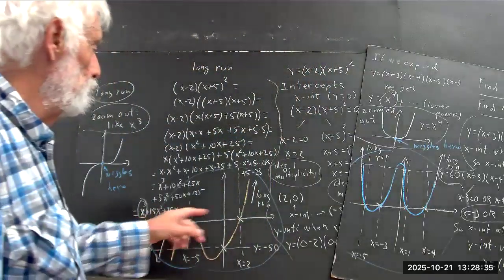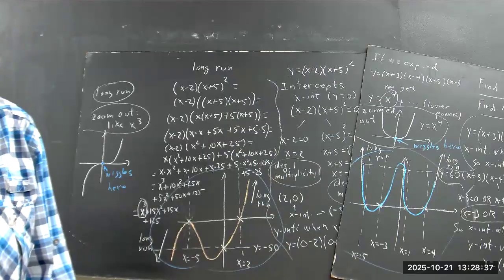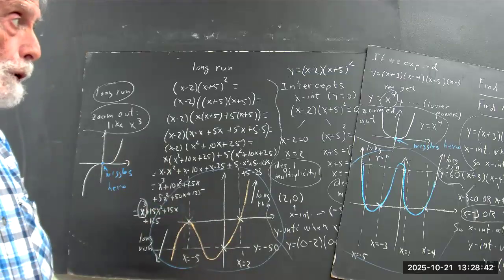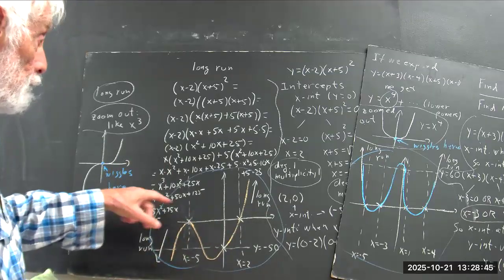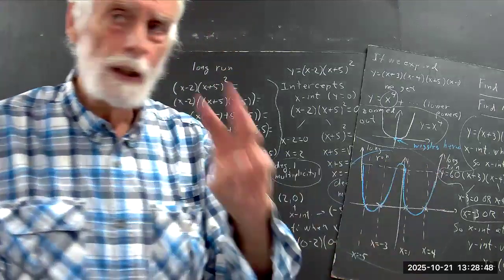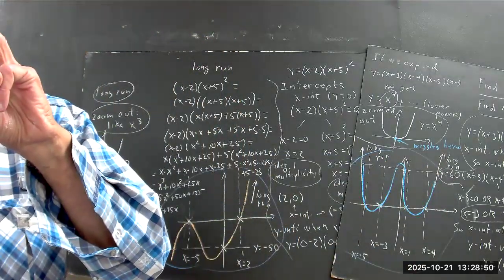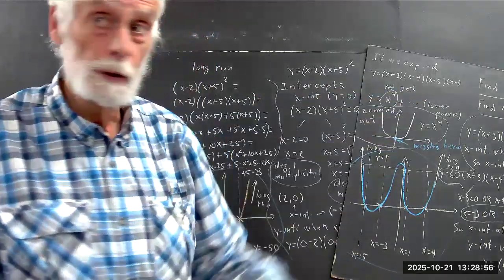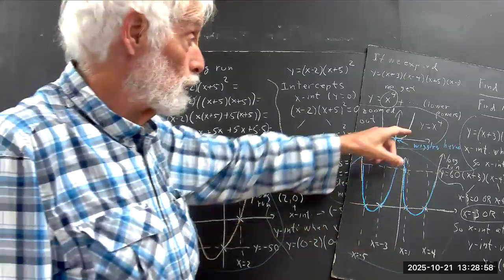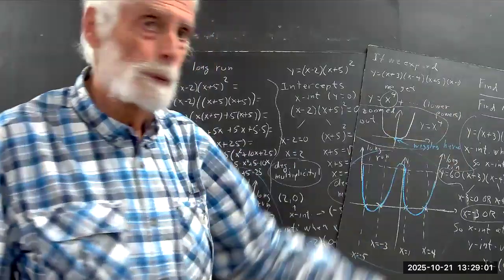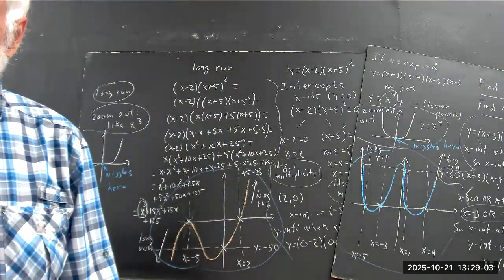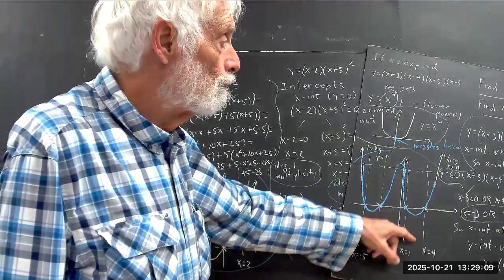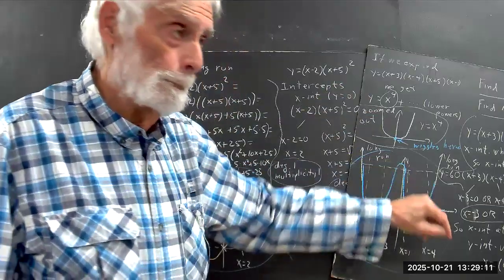Now, this one had only 2 zeros, but one of them had multiplicity 2. And that caused us to have to turn there, and now we turn here. The general rule is, whatever the degree is, if it's an x to the 4th, you're going to have 3 turning points. Maybe less. Just plain old x to the 4th would have only 1 turning point, wouldn't it? It doesn't have any wiggles. If it's just y equals x to the 4th, that'd be pretty simple. But you can have at most 3 wiggles for degree 4.